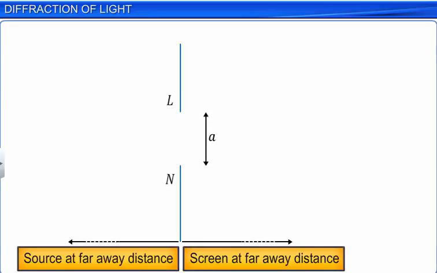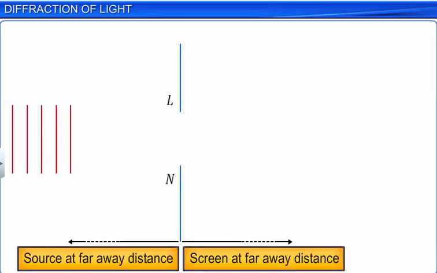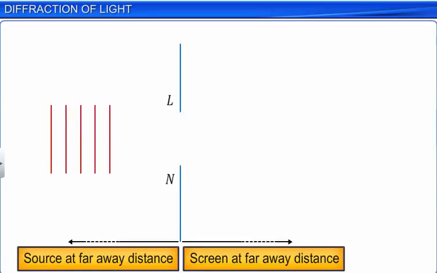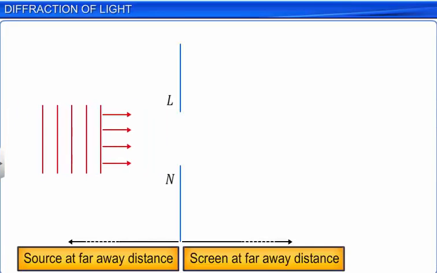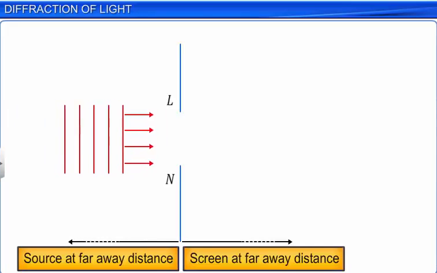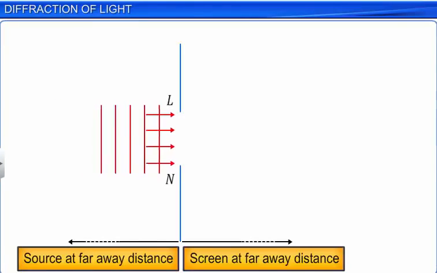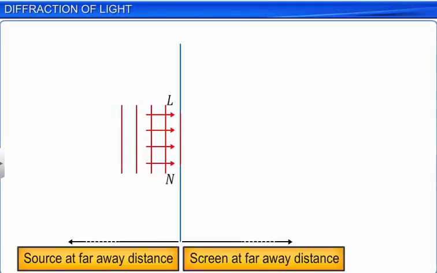If the source is at a faraway distance, we can regard the incident light as plane wavefronts, or alternatively, the incident rays are parallel. When a plane wavefront is incident on the slit, all the points of the plane wavefront are in phase. According to Huygens' principle, every point on the wavefront acts as a source of secondary wavelets that spread out in all directions with a speed equal to the speed of propagation of the wave.